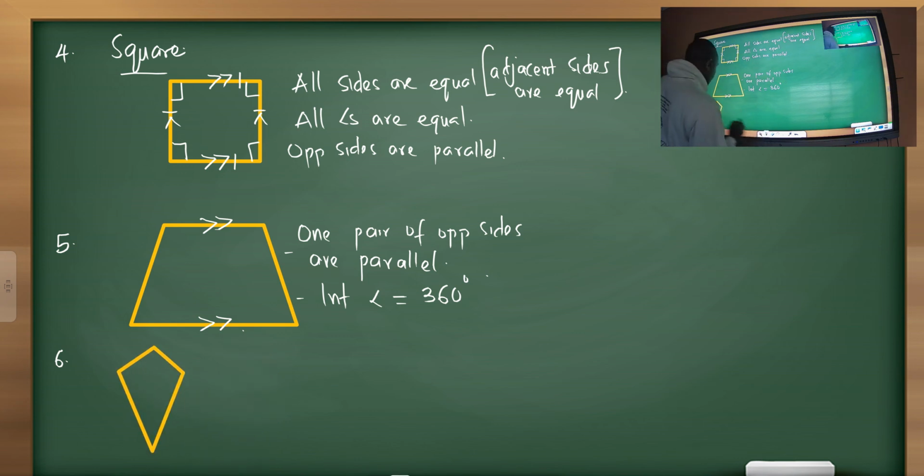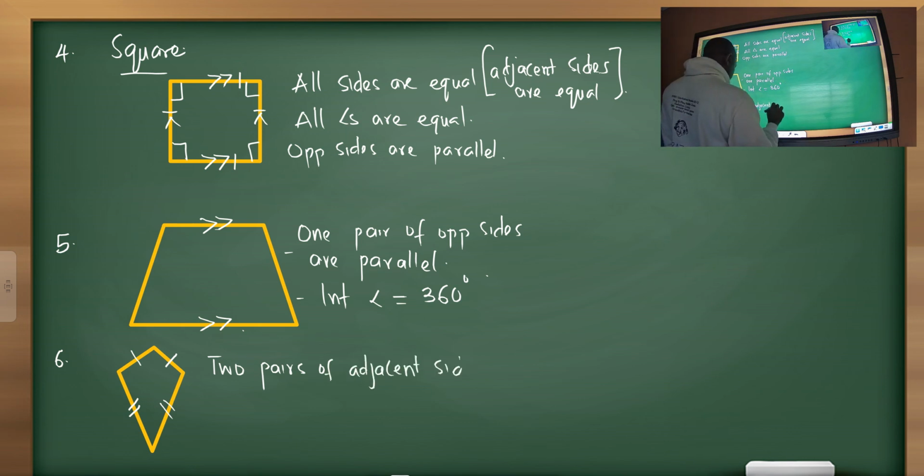All right, so this is a kite. And one thing about the kite is that the adjacent sides are what? Equal. So it's a quadrilateral, all right? Two pairs of adjacent sides are equal. Here there's nothing parallel.